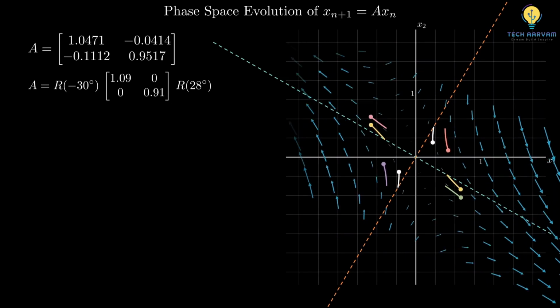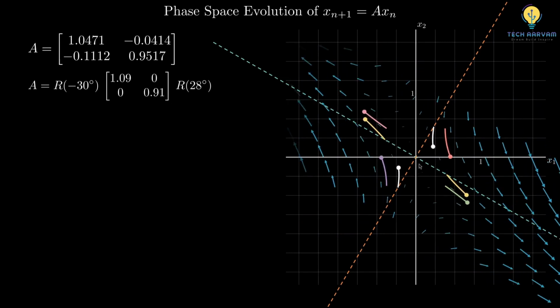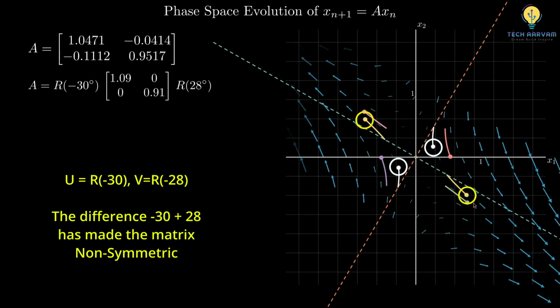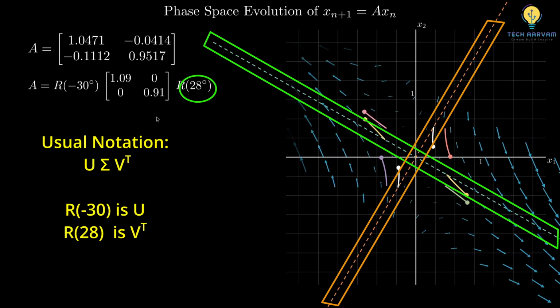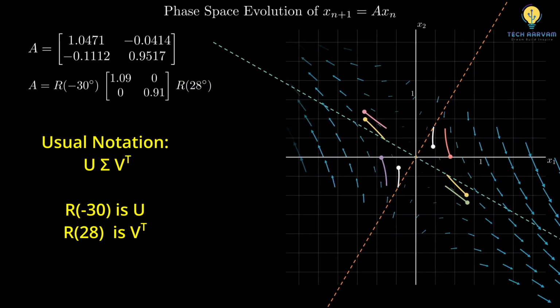So let's go look at what happens to this visual. The sigma values are a bit higher, so this moves a bit faster. The first observation is that the white dot and the yellow dot are no longer staying on the orange dotted line and the green dotted line here. Those lines correspond to R28, the rotation by 28 degrees in this example.